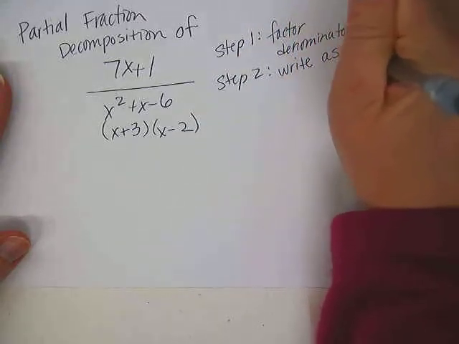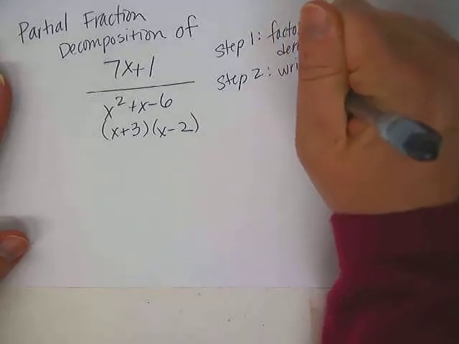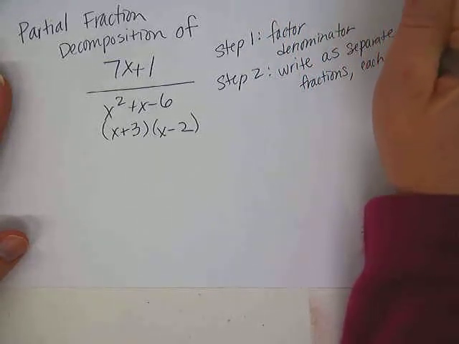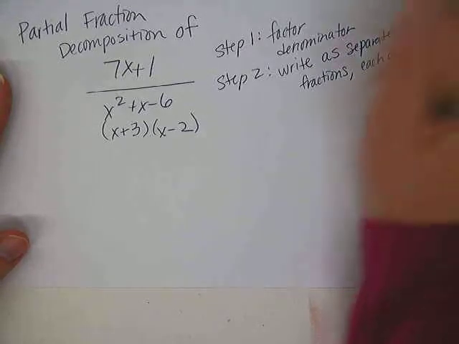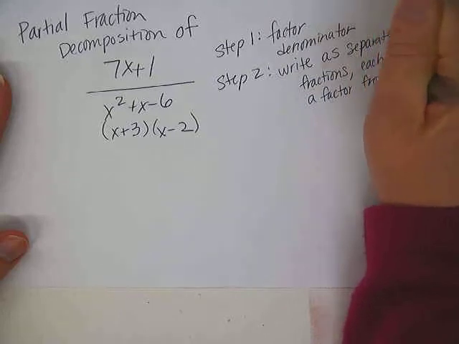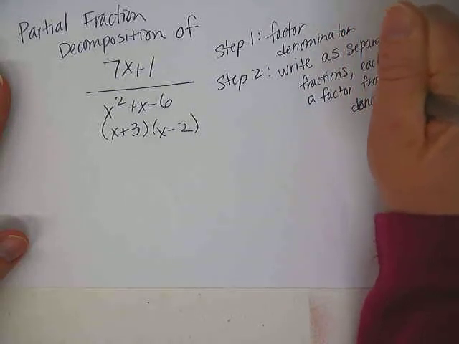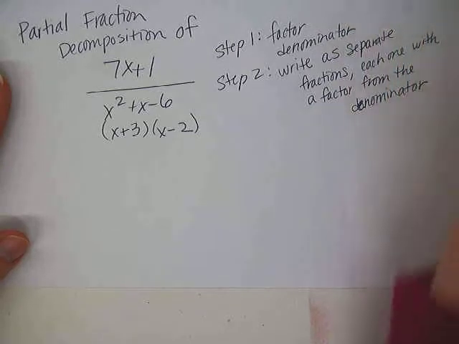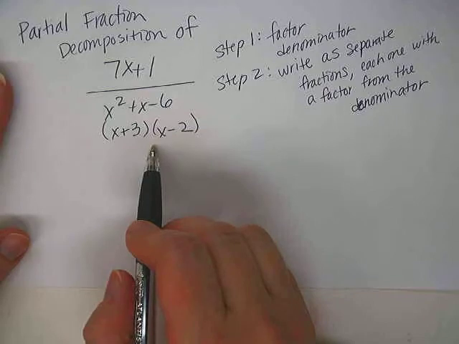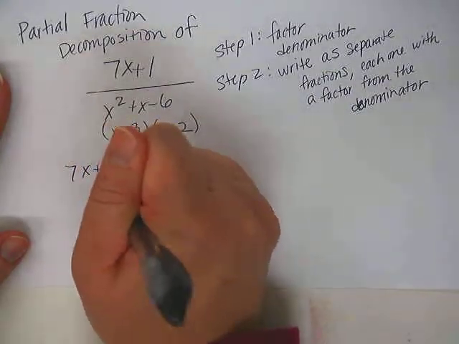Write as separate fractions, each one with a factor from the denominator. Something like that, sort of. Just writing it in my own words. Okay, so we have two factors, so how many fractions are we going to create? Two fractions.